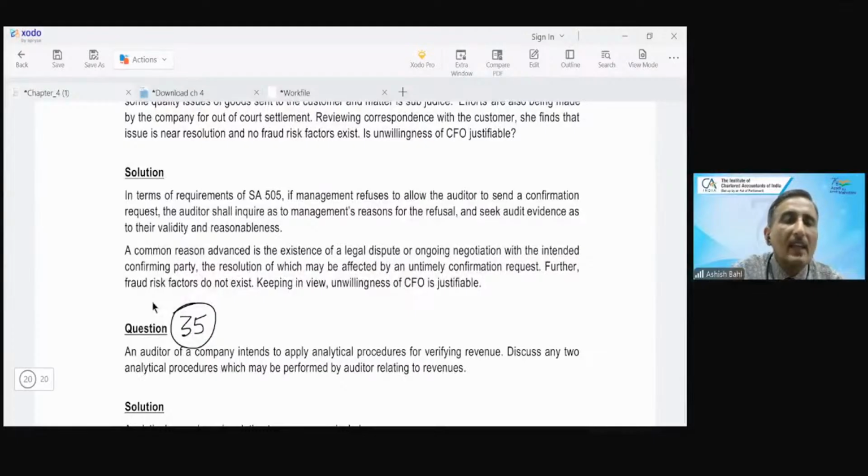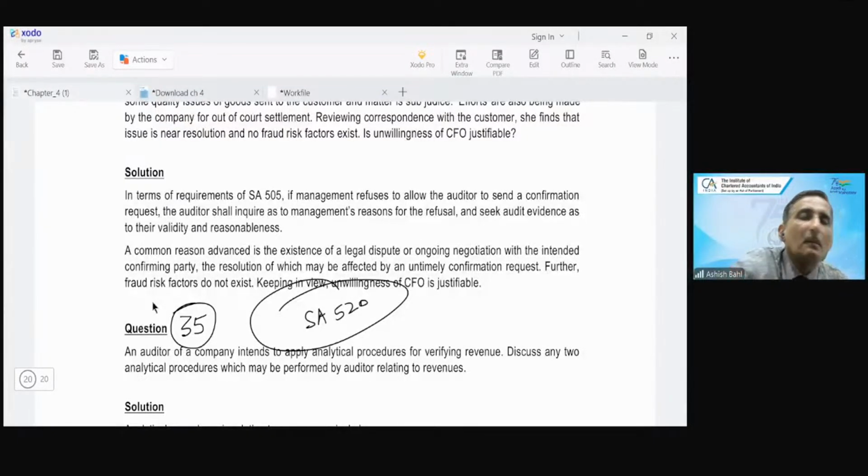Very simple. An auditor of a company intends to apply analytical procedures for verifying revenue. SA 520. Now, which analytical procedures would you apply for verifying revenue? You want to verify sales, but the question is asking about analytical procedures, like comparing sales of the current year under audit with previous years, comparing sales with budgeted targets, making trend analysis.